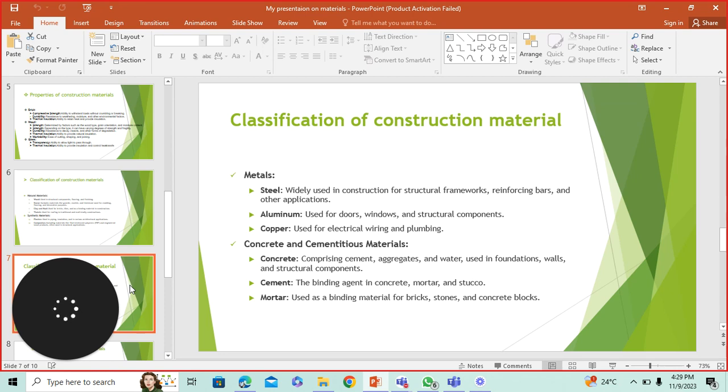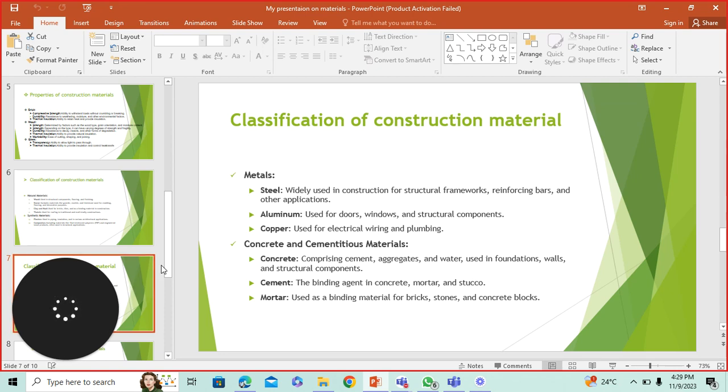Okay, we also have metal, which includes steel, aluminium, and copper. Steel is widely used in construction for structural frameworks, reinforcing bars, and other applications. Aluminium is used for doors, windows, and structural components. Copper is used for electrical wiring and plumbing.